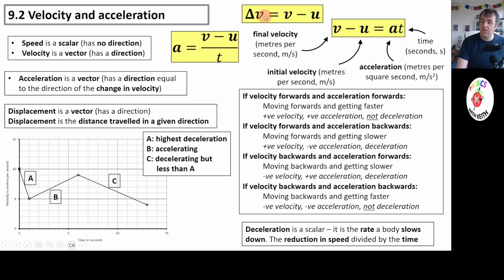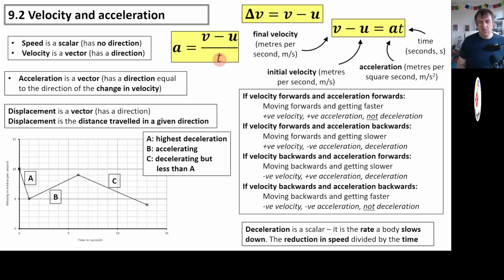Sometimes you'll see it written with a triangle called delta, the Greek letter delta v, to mean the change in velocity. So this might be delta v over t. Sometimes people write delta v over delta t. That's not actually quite correct. I have seen that a few times, and the reason why that is done is because it's a stepping stone into A-level mathematics and A-level physics, where we start looking at calculus and we start looking at infinitesimally small changes.